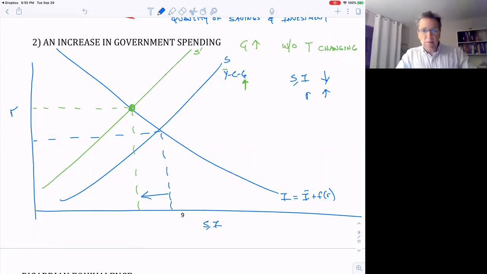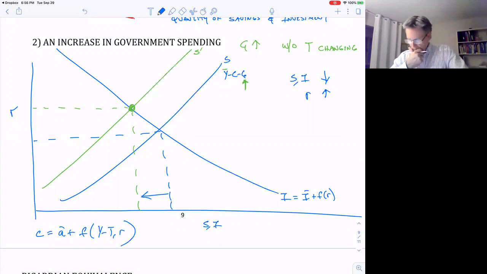Well, what about consumption? What happens to consumption here? Well, remember, consumption is equal to A bar plus some function of disposable income and the real interest rate. We can see that the real interest rate is going to rise a little bit here on our graph, which means that consumption is going to change a little bit.